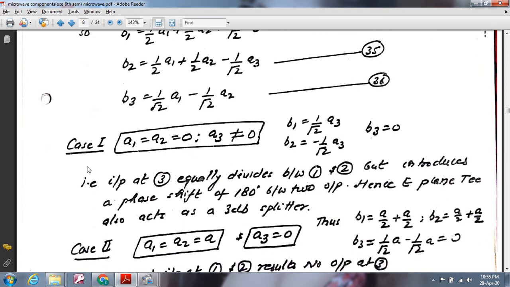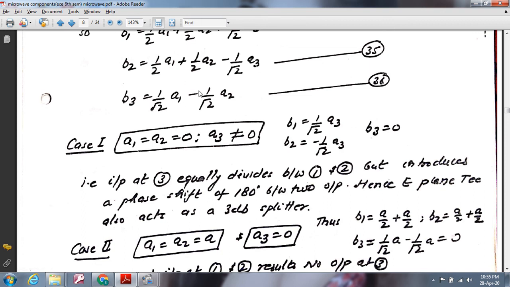If we consider case 1, we are considering a1 equals a2 equals 0, meaning we have no input at port number 1 and port 2, but we have some input at port number 3, that is a3 is not equal to 0.